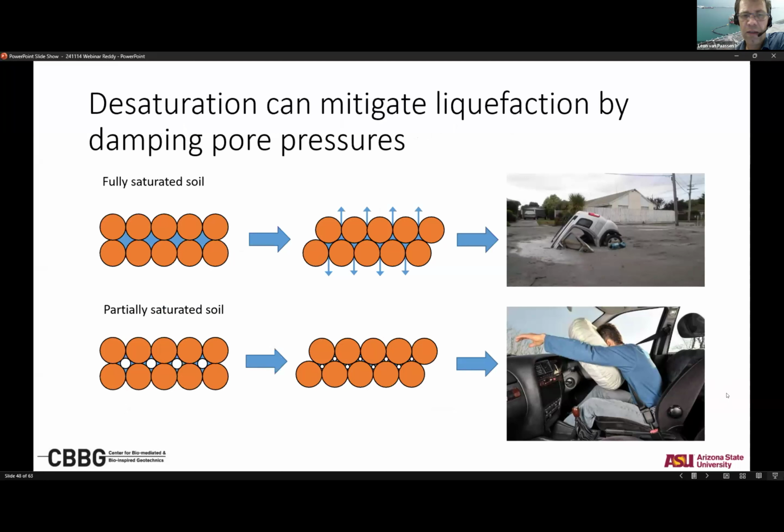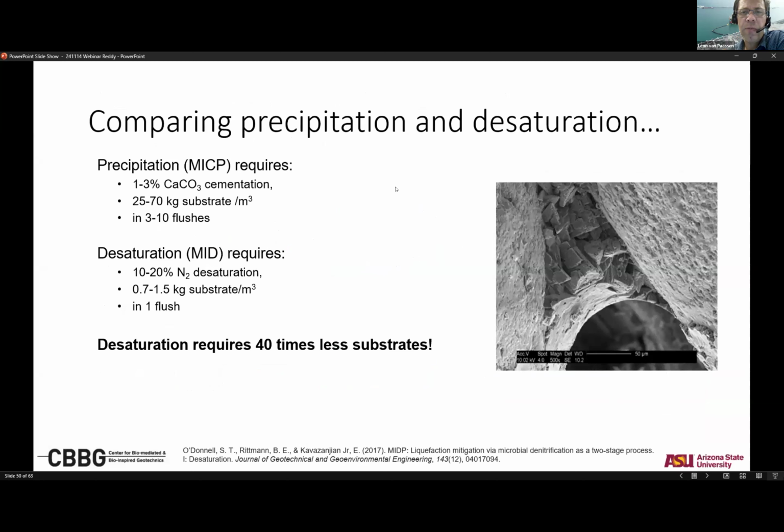Colleagues here in Singapore, Professor Yang Chu and his student, now also a professor in China, Jia He, did a lot of testing in this field, and they demonstrated with a relatively large-scale experiment that you only need up to 20% degree of desaturation to significantly dampen these pore pressures during cyclic shaking events. If we now compare the precipitation process with the desaturation process, in order to produce 10 to 20% nitrogen, you only need a single flush with less than a kilogram of substrate per cubic meter.